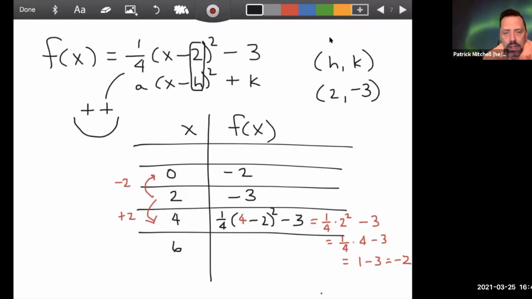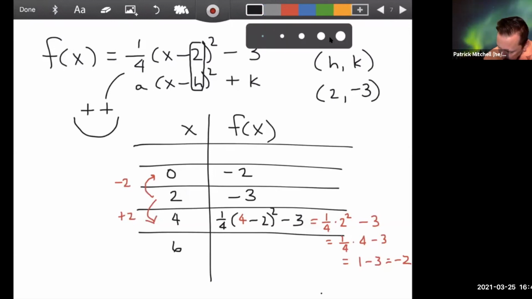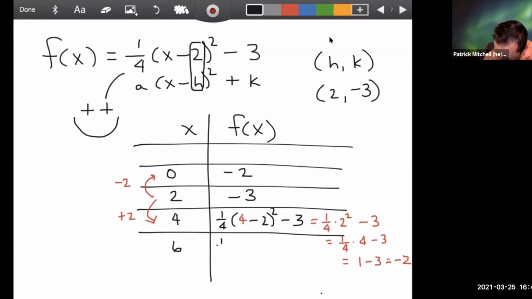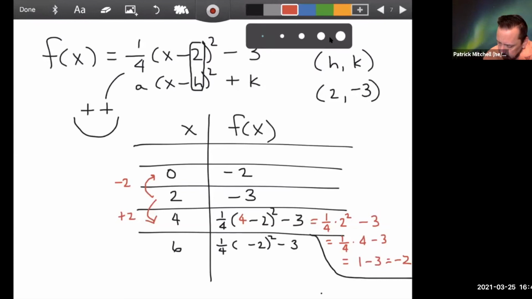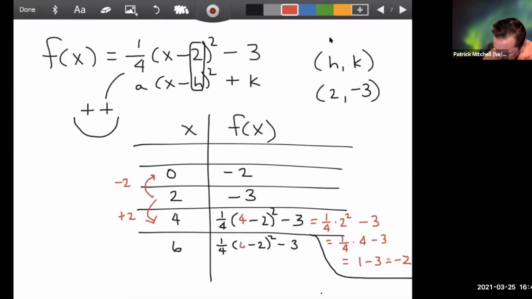All right, and then x equals 6. This is really going to be tight. Let me put a line here so this doesn't all get mixed up. Okay, 6 minus 2 is 4. 4 squared is 16.